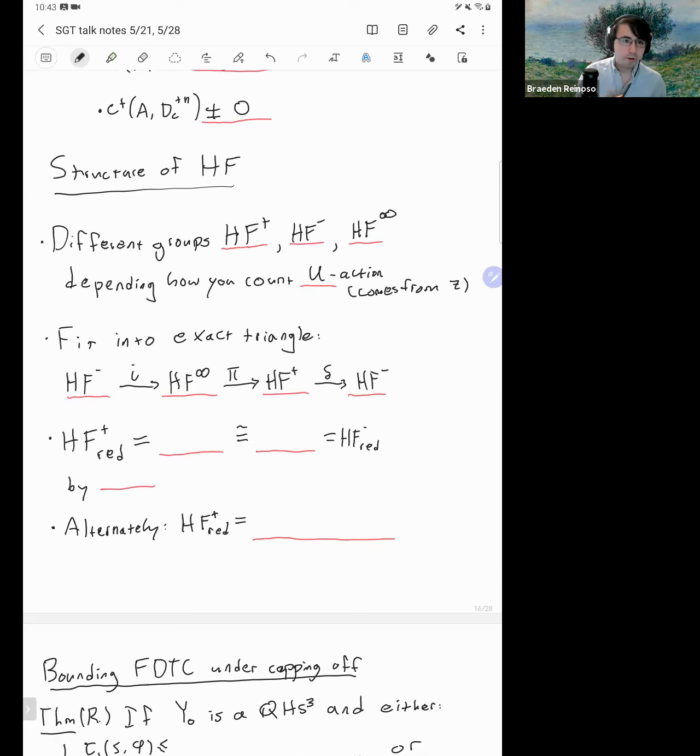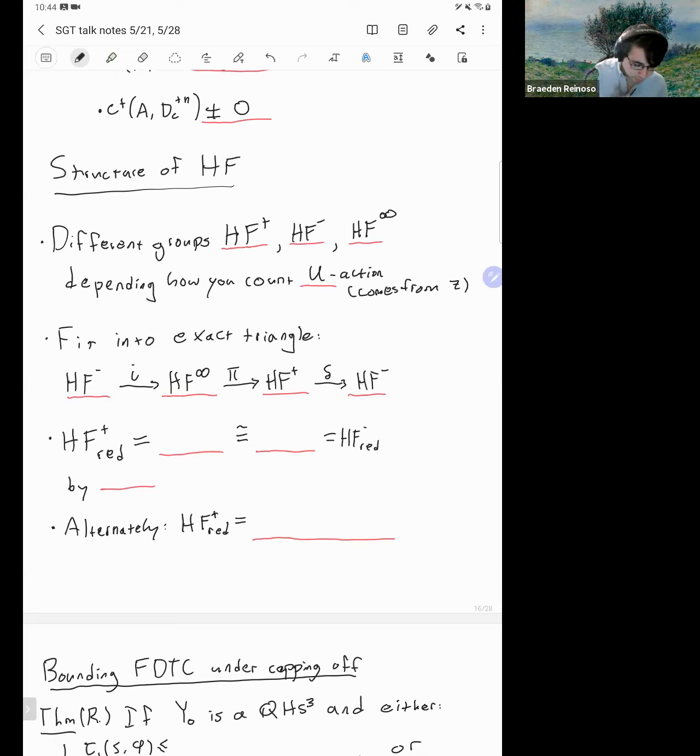And now an important group for us, which is going to be important for stating our theorem, which we'll do in a second, is the reduced Floer homology with the plus version. In this exact triangle, this HF plus group you can think of as HF infinity mod out by HF minus.